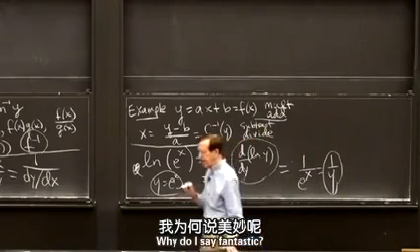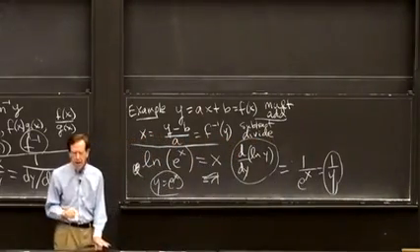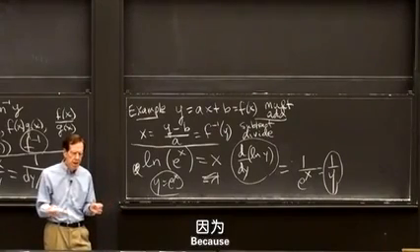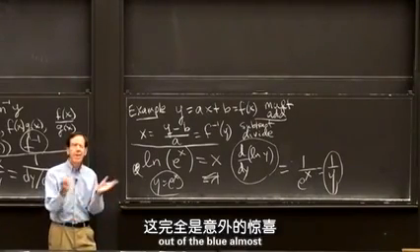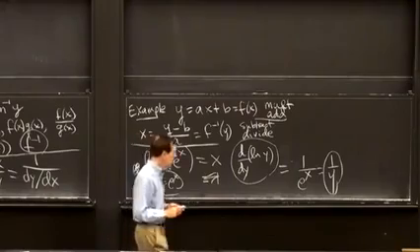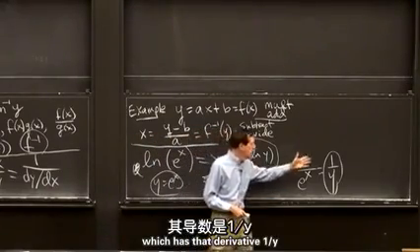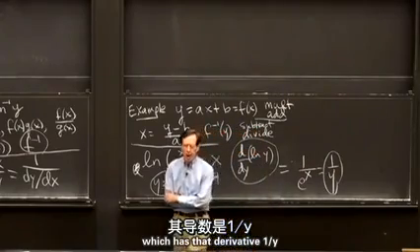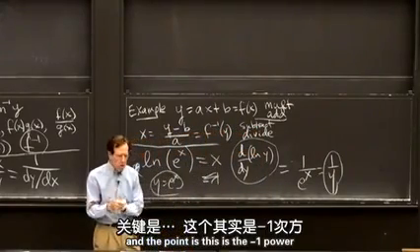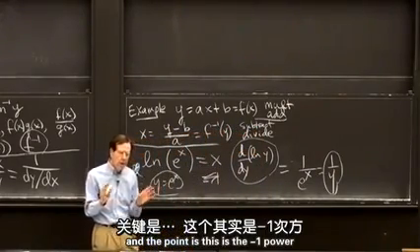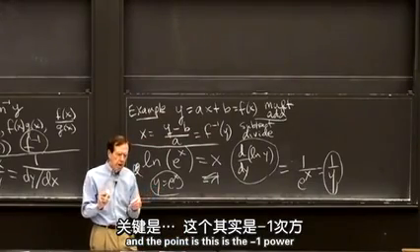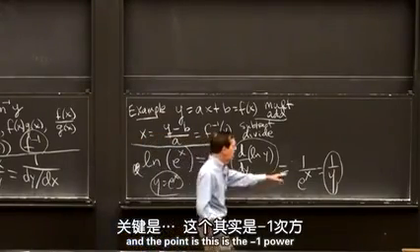Why do I say fantastic? Because out of the blue almost, we've discovered the function log y, which has that derivative, 1 over y. And the point is, this is the -1 power.